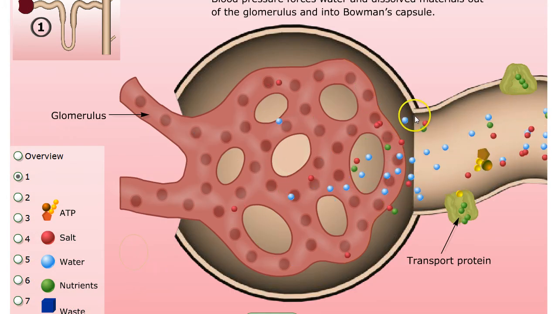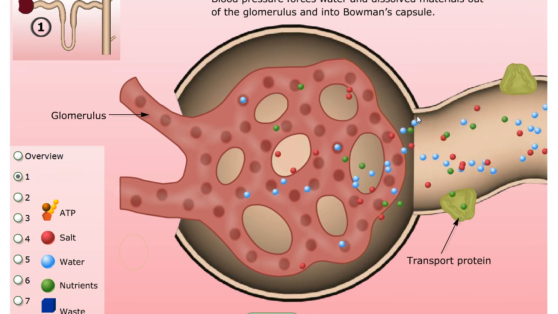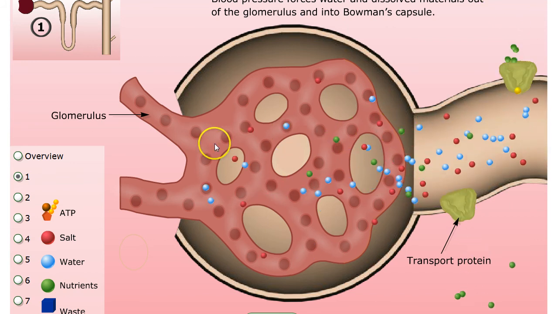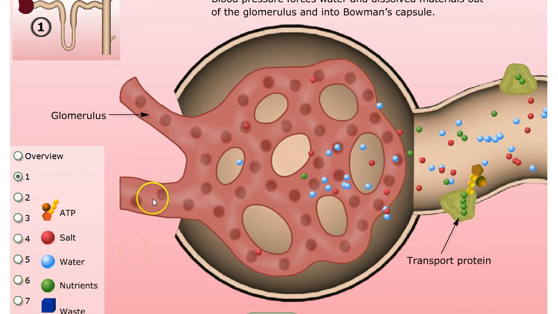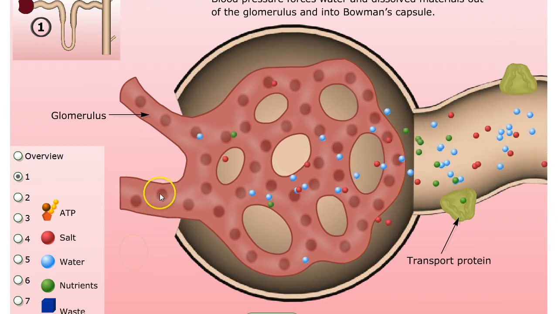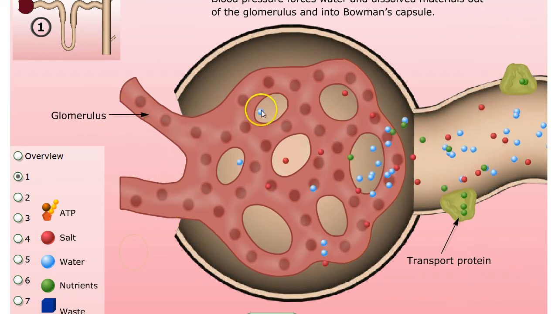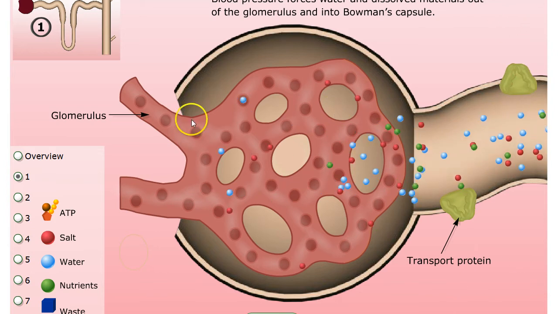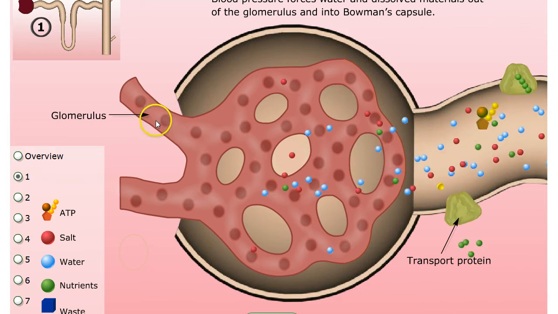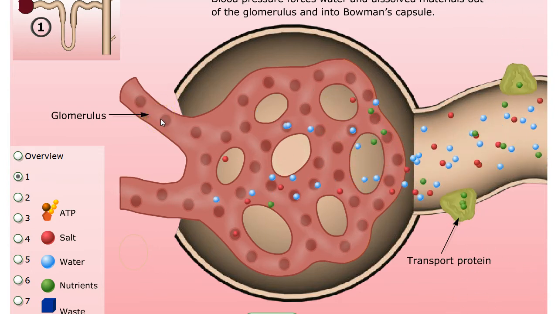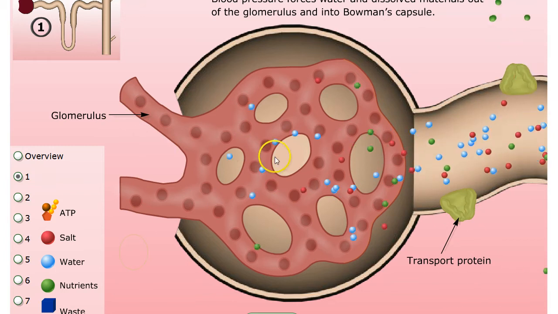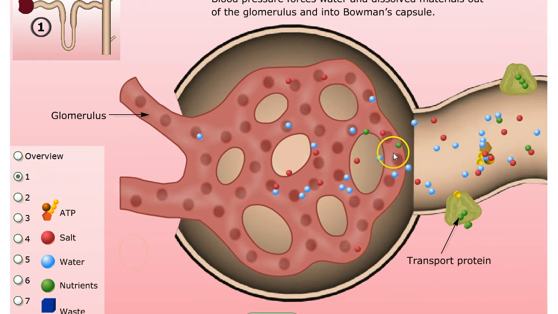The first process shown here is what? Filtration, high pressure established by, where's my arrow at? The afferent arteriole, and over here, the arrow really should go way over here for the glomerulus, but the smaller diameter arteriole is the efferent arteriole. So you can see products being filtered out.